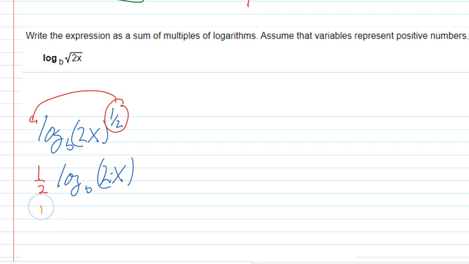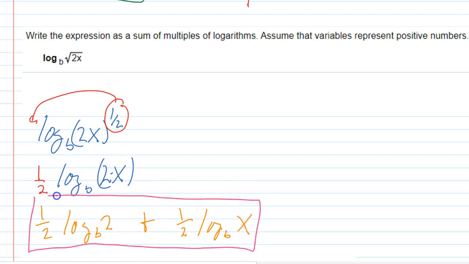And when we break it apart, we're left with 1/2 log base b of 2 plus 1/2 log base b of x. Some books are going to want the 1/2 factored out as a greatest common factor. However, most books are going to want it in this format.